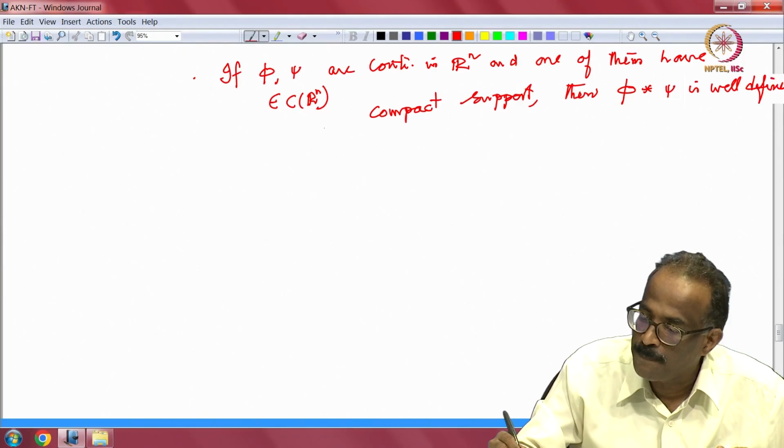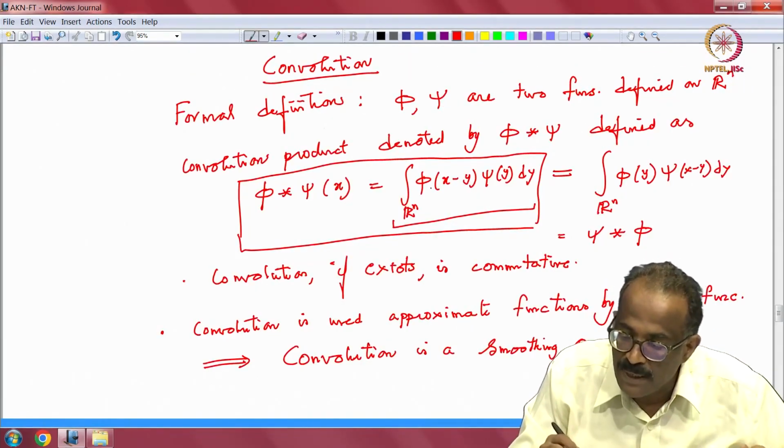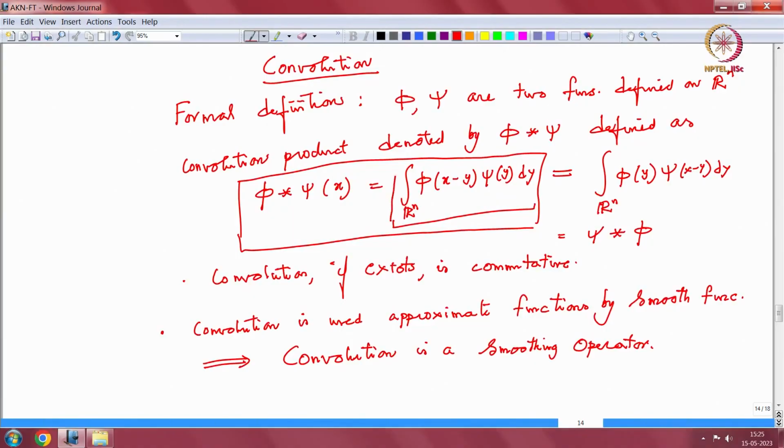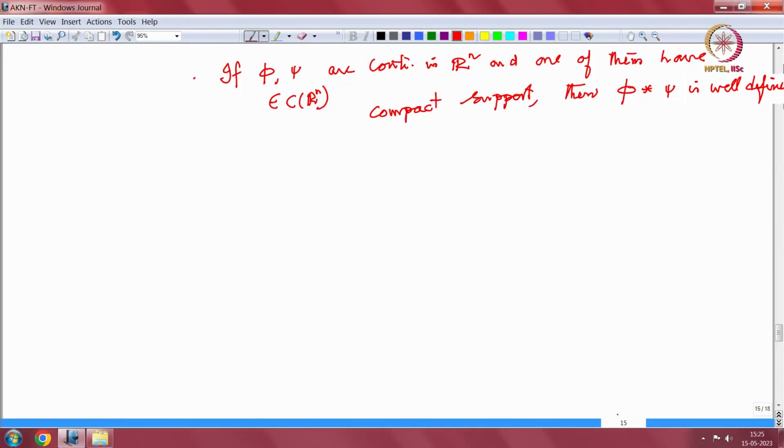Okay, phi star of psi is well defined, and that is immediate, because if you go back and see this one, if one of them has compact support, this integration is on a compact set, and phi and psi are continuous, the product is a continuous function and the integral is finite, so phi star psi is well defined. So, in the smooth case you already have that one.